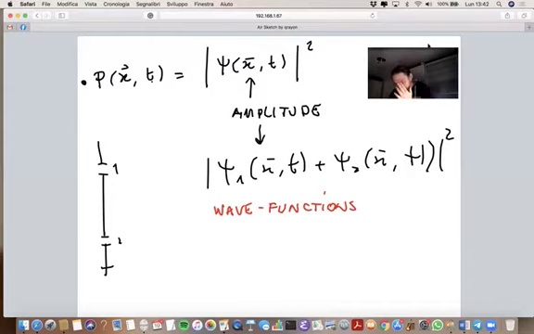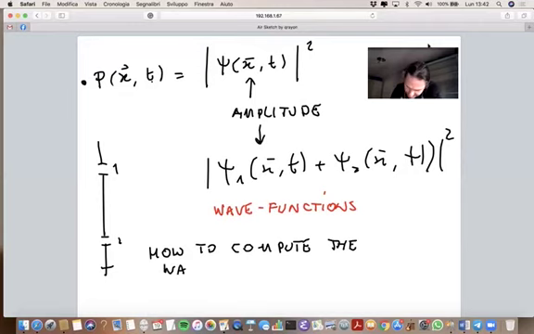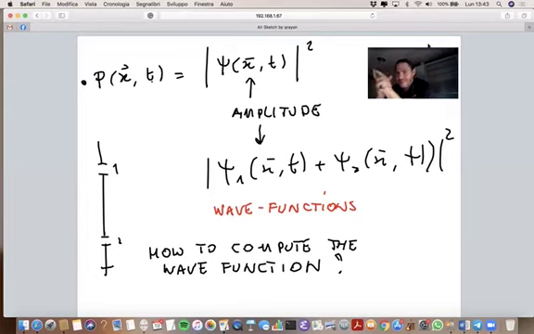And now the big question, of course, is how do we compute a wave function? This is what we want to discuss today in this lecture. We try to guess, based on the experimental evidence that I described to you, an equation for the wave function.